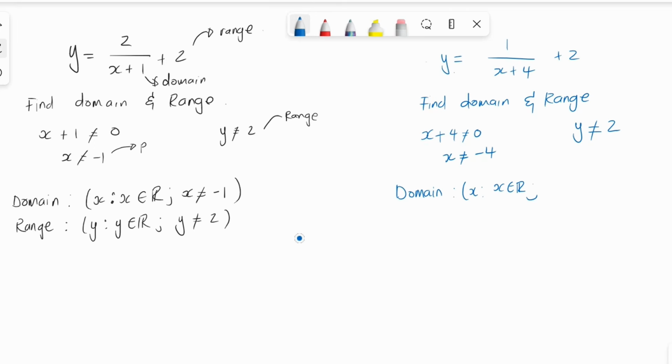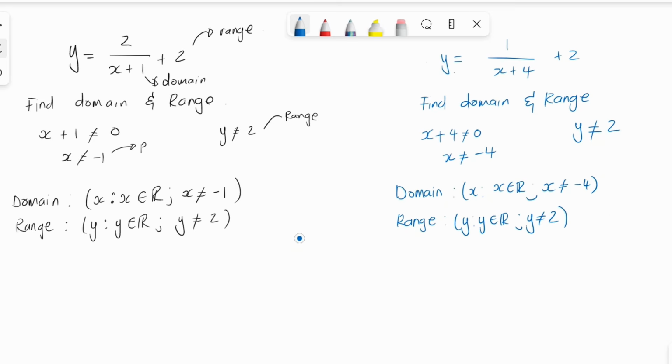Then we're going to say x should never be equal to -4. Then we have our range, which is for y. So y, colon, y is an element of real numbers, and y can never be equal to +2.